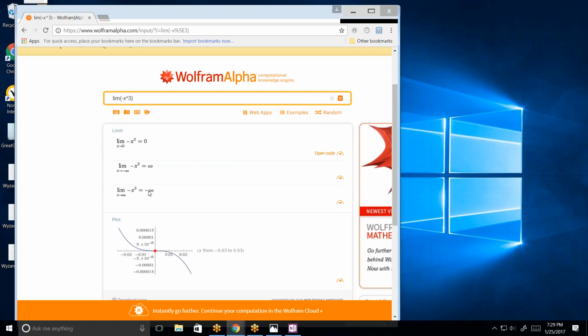Yeah, it does. Notice that when it goes to positive infinity, it does go to -infinity. And when it goes to -infinity, it goes to infinity. That's weird. Well, it's not that weird. I get it. Because that minus sign, that has to play.